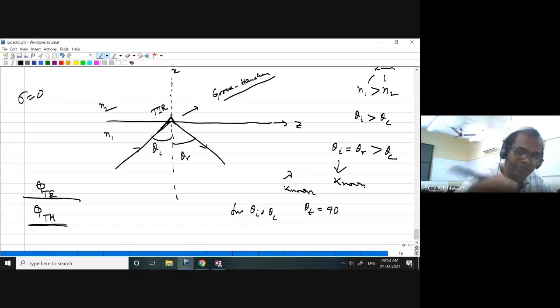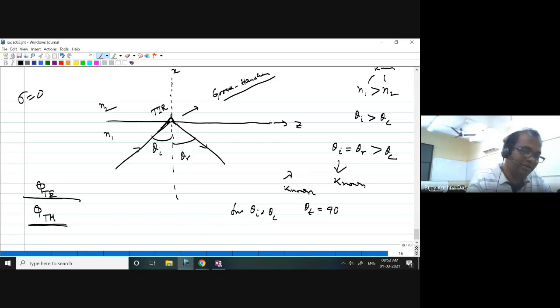But what happens to theta t when theta i is greater than theta c? Someone was saying in another class that you have to consider theta t imaginary. Some imaginary value will be there. That is for sure, because if theta t is greater than 90 degrees, you are not really thinking the wave is in the second medium.